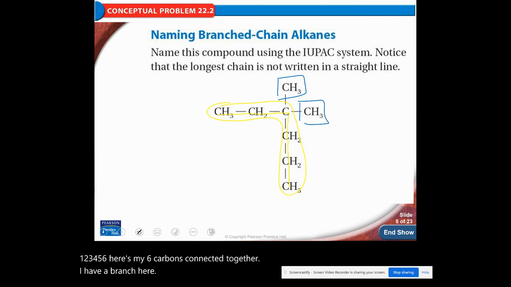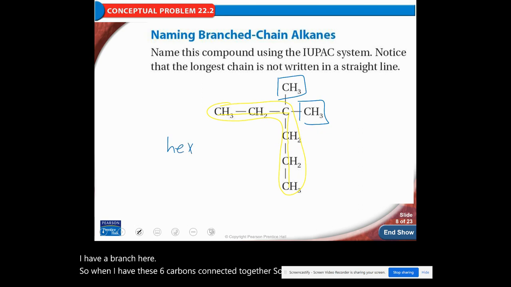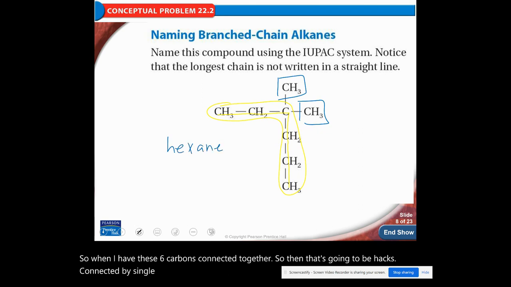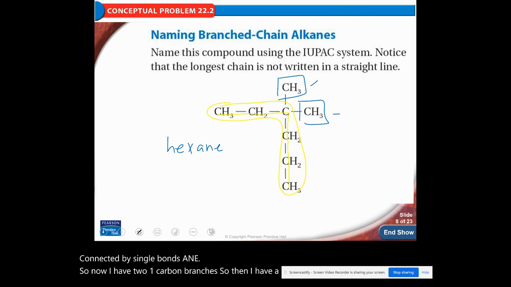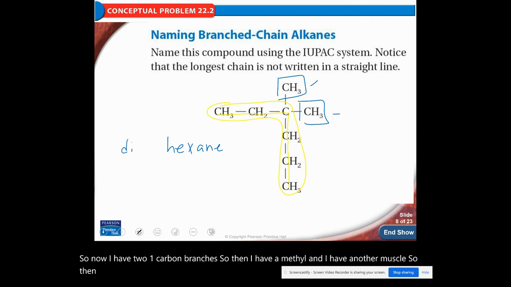When I have these 6 carbons connected together, that's going to be hex, connected by single bonds, ane. Now I have 2 1-carbon branches, so I have a methyl and another methyl, so a dimethyl.